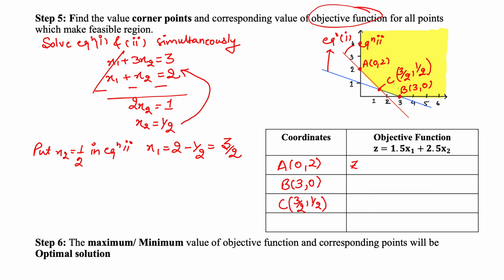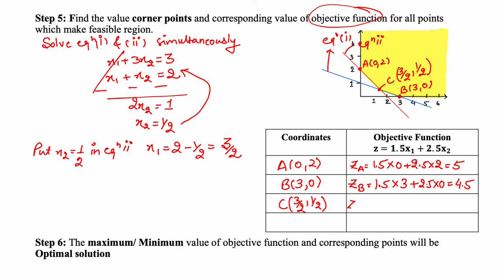So ZA will be 1.5 into 0 plus 2.5 into 2, which equals 5. Similarly, ZB equals 1.5 into 3 plus 2.5 into 0, so its value is 4.5.